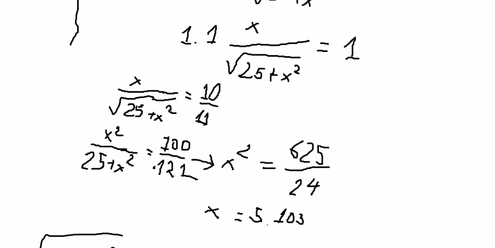So this one we got about 22,500 over 21.